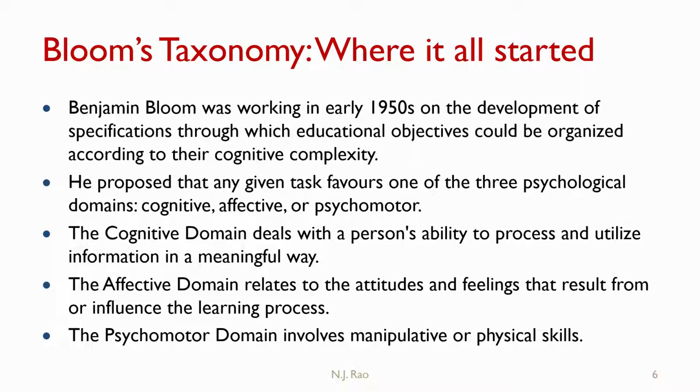The affective domain relates to the attitudes and feelings that result from or influence the learning process. And the psychomotor domain involves manipulative or physical skills. These are the three domains that are involved in any activity that we perform.